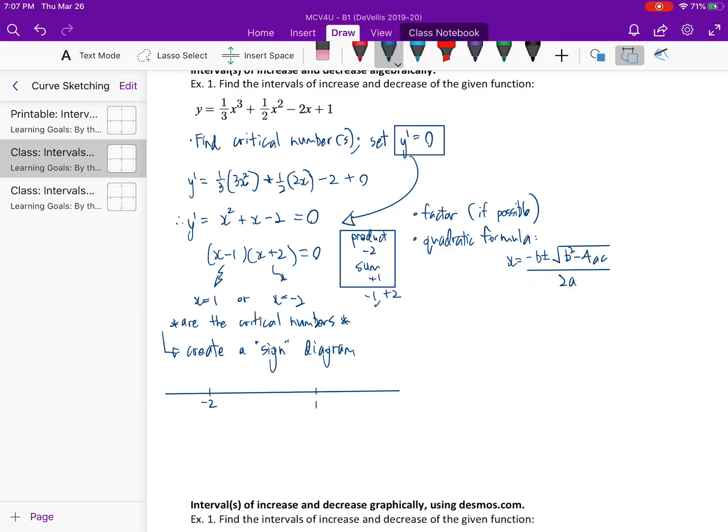We can pick a test point, a value to the left of -2, in other words smaller than -2, and determine whether or not that derivative value is negative or positive.